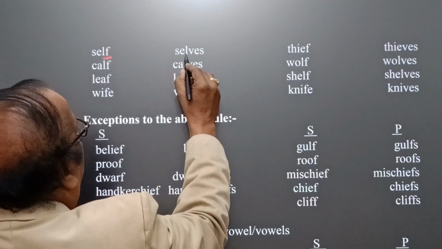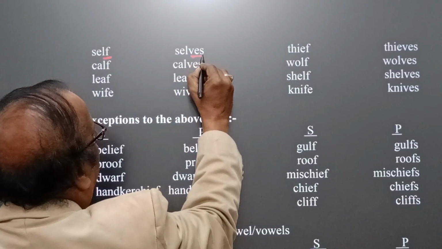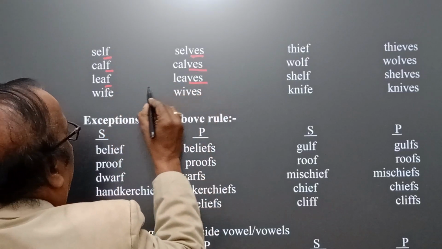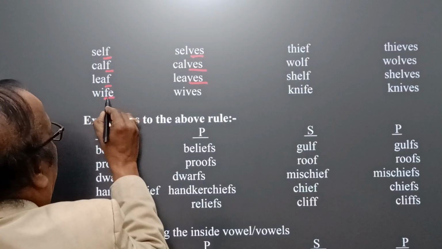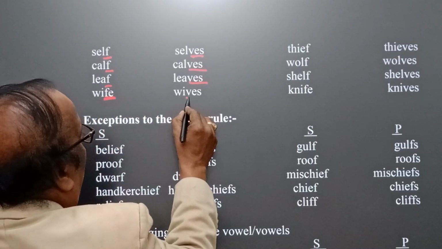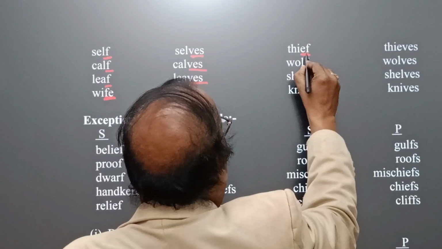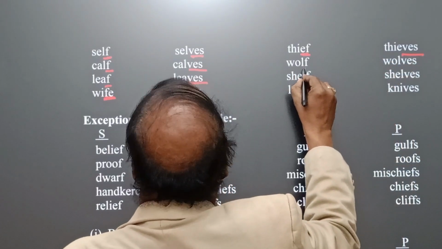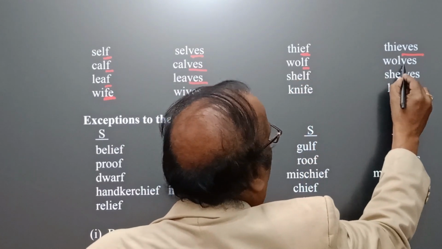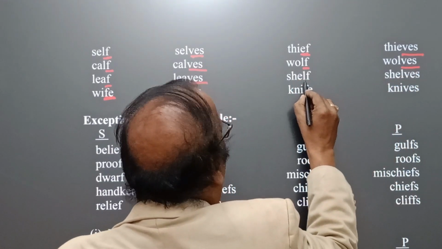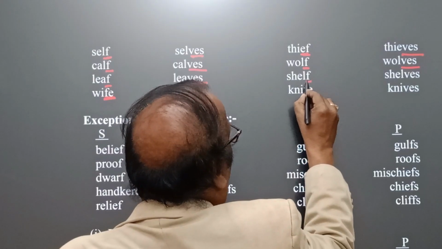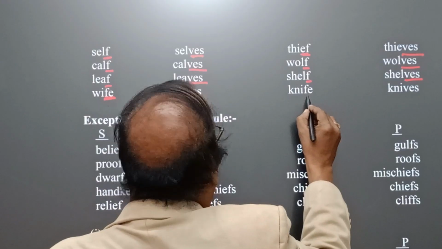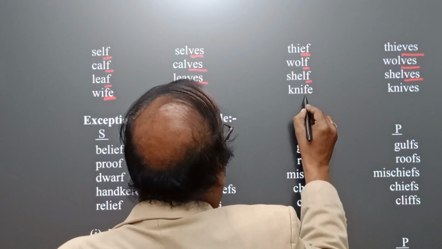Here f and ves: calf, calves, leaf, leaves, wife, here fe comes, then wives, thief, thieves, loaf, wolf, wolves, then self, selves, knife, here we find fe, but here knives.